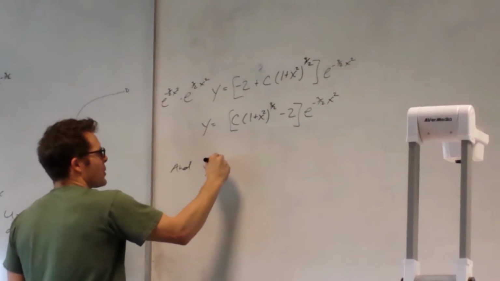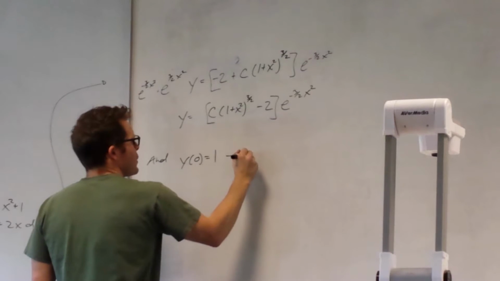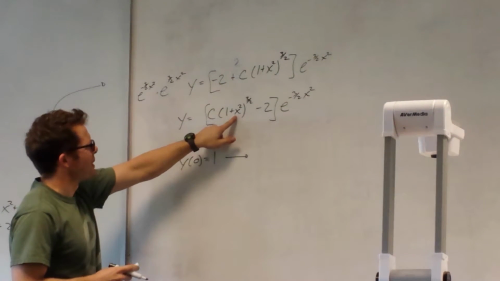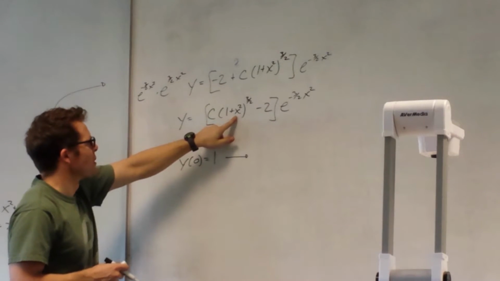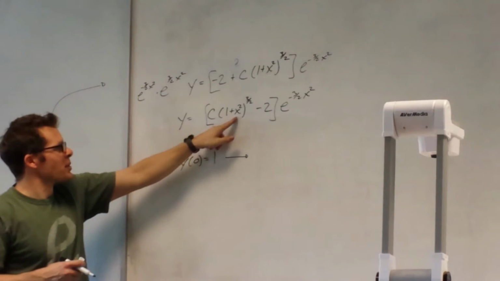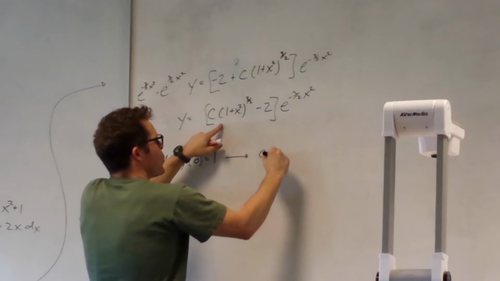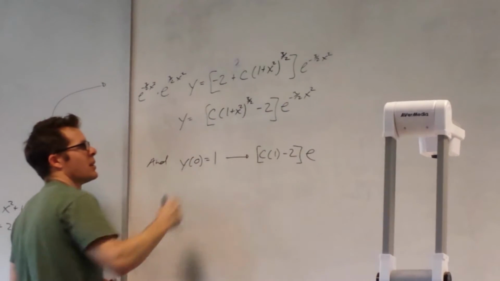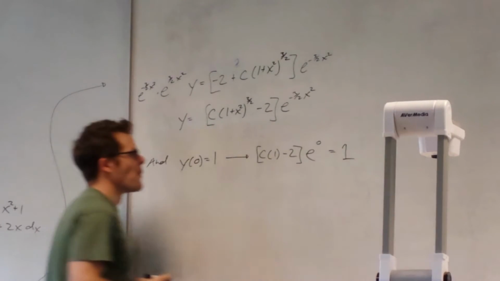And what was it? y of 0 equals 1. So putting in 0, this is kind of nice. There's about a 1 in 5 chance that this is all correct, but what are you going to do? y of 0, if I put 0 in for x, what do we get? We get c times 1 minus 2 times e to the 0, and that equals 1.